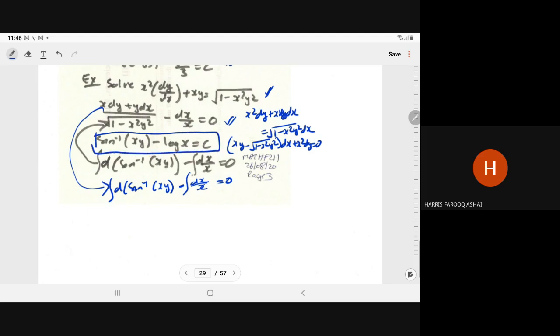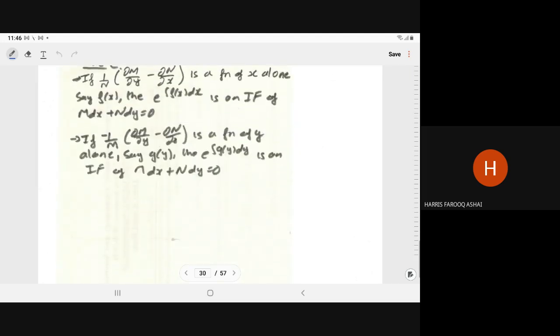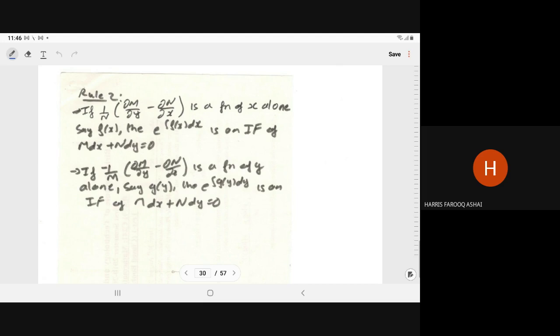So this is by inspection. Many times by inspection you cannot determine, so we should have some concrete method. That is rule 2. If 1 upon N into del M by del y minus del N by del x is a function of x alone, let it be f(x).